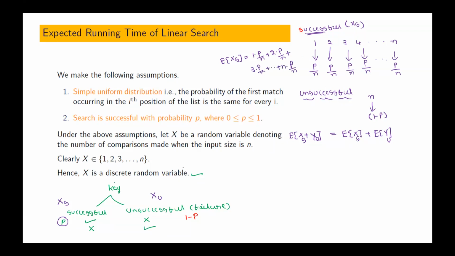In unsuccessful case, what is the corresponding expected value? What is the expectation of XU? Value and corresponding probability: N into 1 minus P. Therefore X is nothing but XS plus XU.